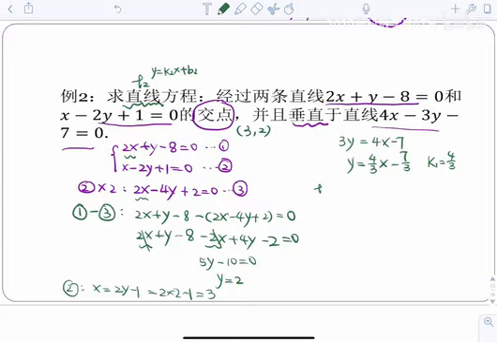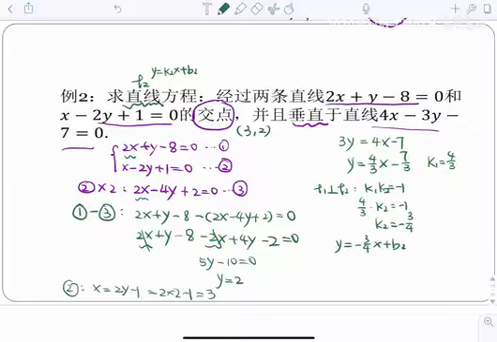So L1 perpendicular to L2 means K1 times K2 equal to minus 1. So K1 is 4/3 times K2 is minus 1, so K2 equal to minus 3/4. So we know y equal to minus 3/4 x plus b2.